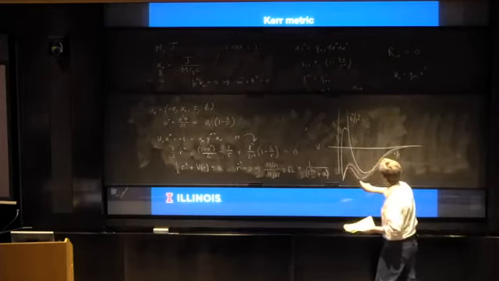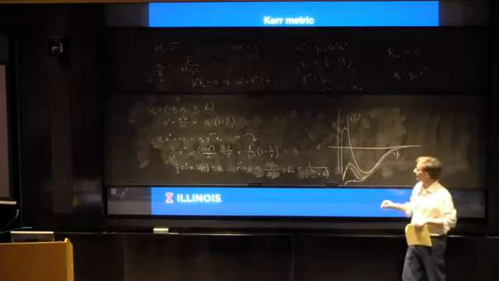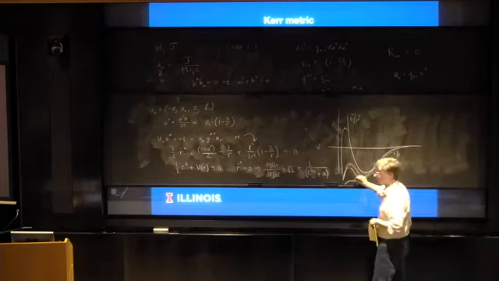So the circular orbit moves in as I turn down L squared, and then eventually it flattens off. So there's a point in the potential where there's a singular circular orbit, both circular orbits join together, and this circular orbit is marginally stable. So this is known as the innermost stable circular orbit, or ISCO.